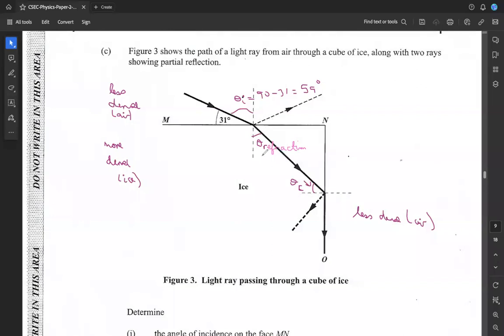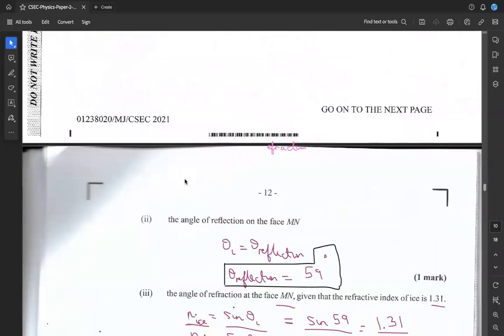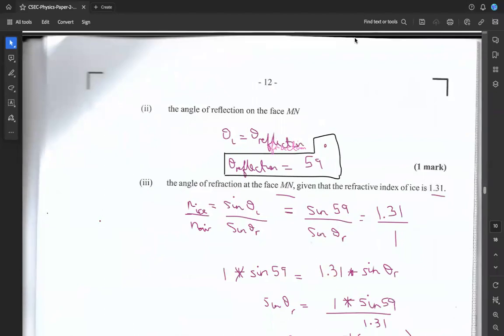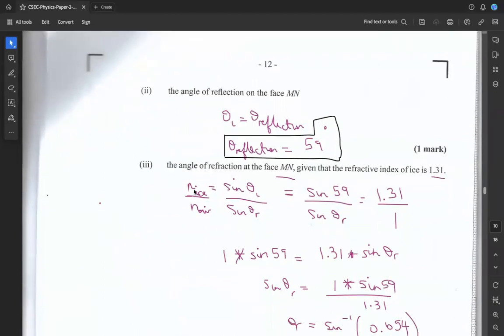When we think about refraction in this manner, as we're changing medium, the first thing that should come to mind is Snell's law. So Snell's law is what we're going to be using here. Snell's law says that the refractive index is equal to the sine of theta I, the angle of incidence, over the sine of the angle of refraction.